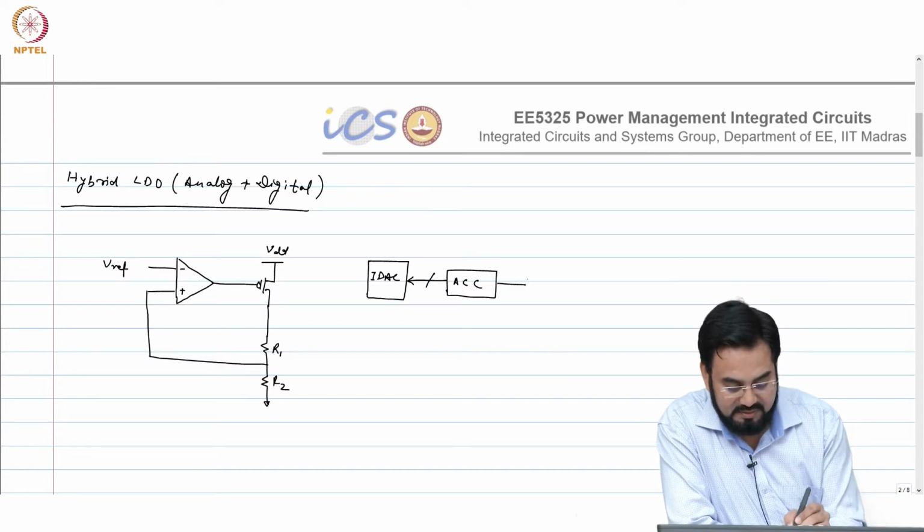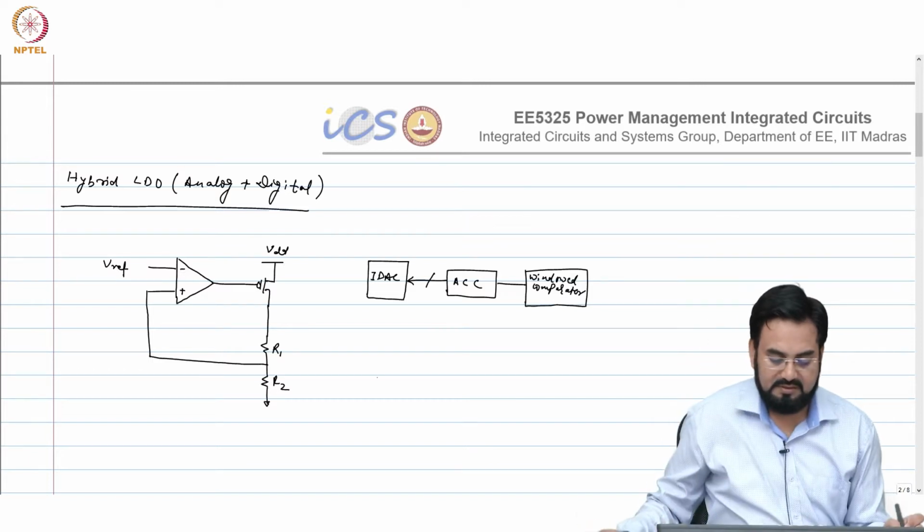And then I will just draw a block which says windowed comparator.